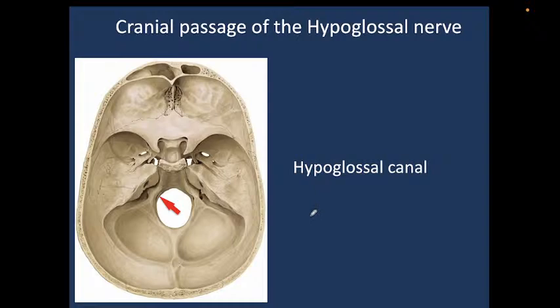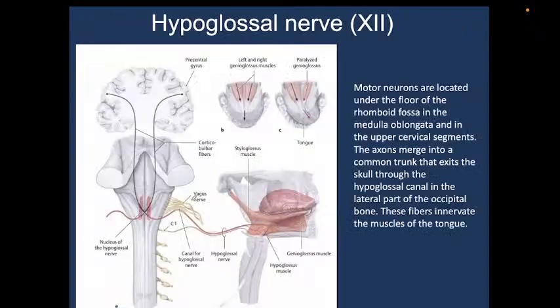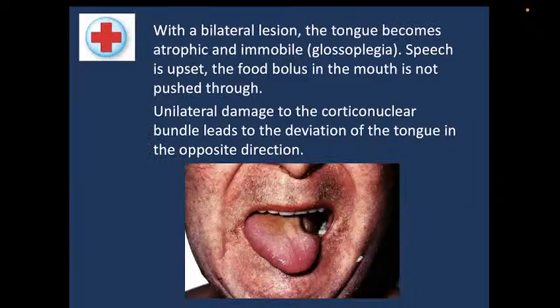It passes the skull through the hypoglossal canal, at the base of the condylar process of the occipital bone, and the nerve comes to the tongue and innervates all muscles of this organ.